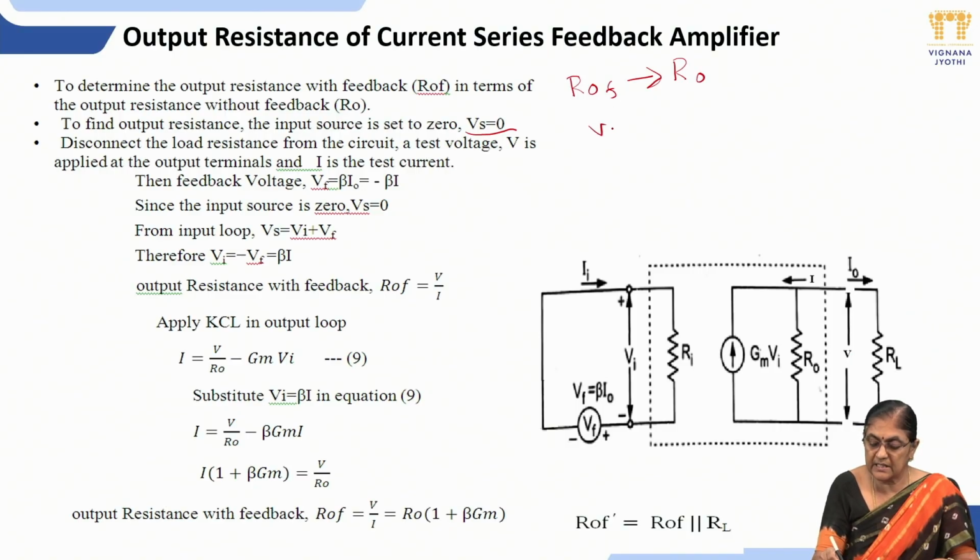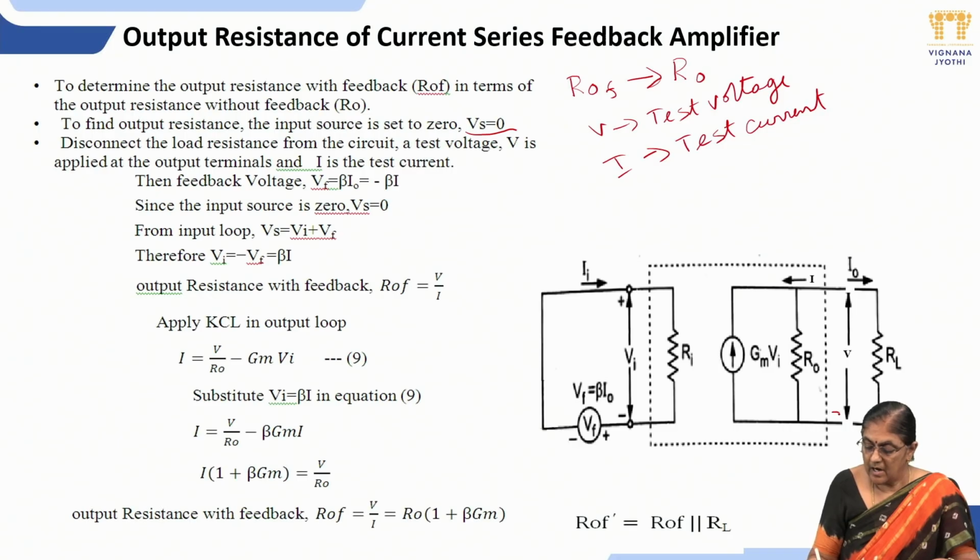V is the test voltage and I is the test current. Output resistance with feedback excluding load resistance, you can represent it with R0F. Output resistance with feedback including load resistance, you can represent it with R0F dash.